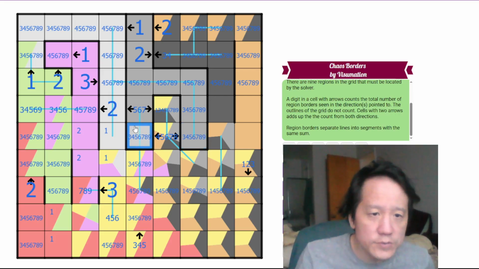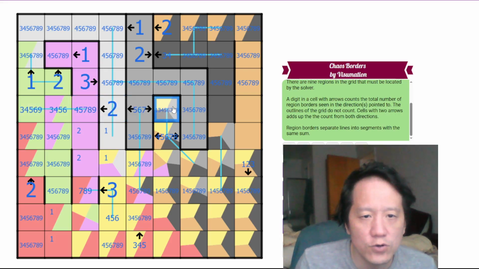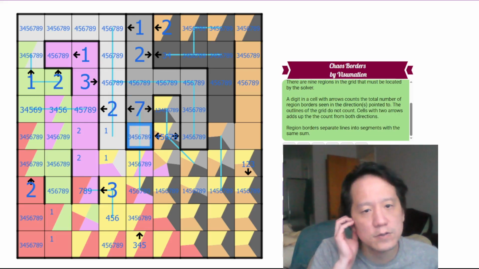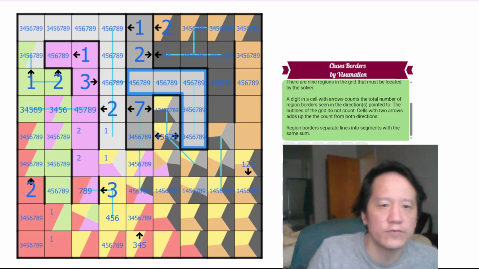This would see one, two, 3, 4, 5, 6, 7 boundaries. So this would be 7 here. This would not be 7 here, obviously.